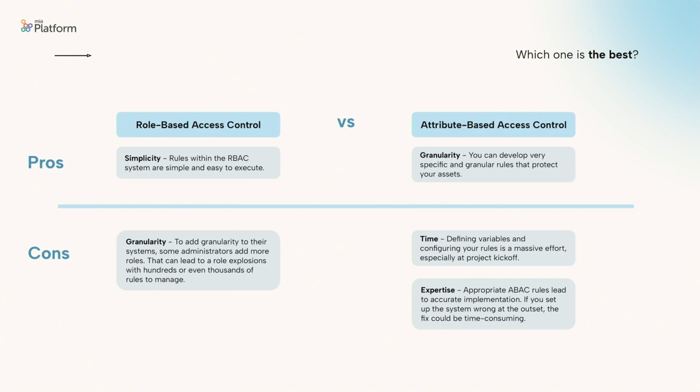And on the other hand, granularity is a pro of ABAC, because it's much simpler to handle fine-grained access to assets with attributes, but to set up a proper strategy with ABAC, you need time and expertise.